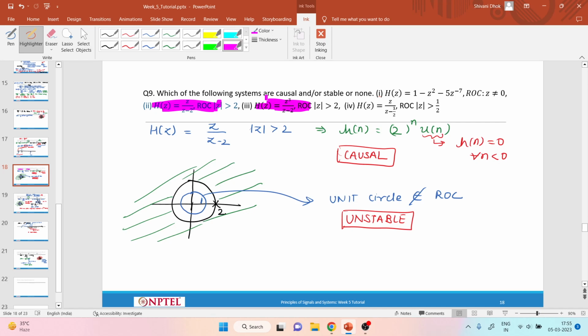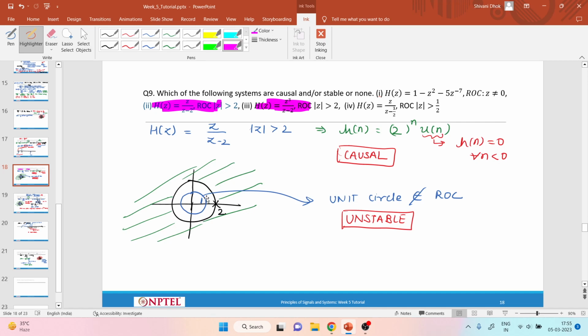Which means that for a causal system, as we saw in the properties, the ROC is always exterior to the outermost pole's radius. But if I have been given an ROC exterior to the outermost circle, I can't say that the system is causal just by looking at its region of convergence.